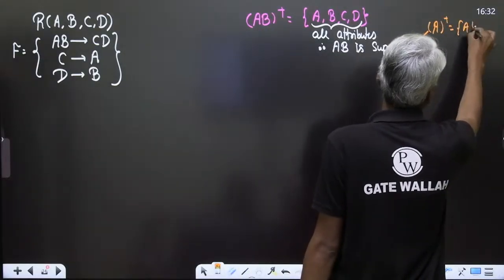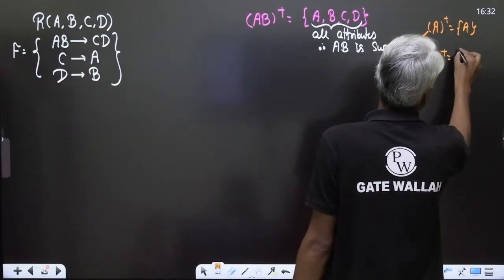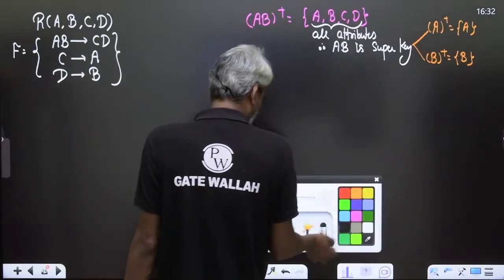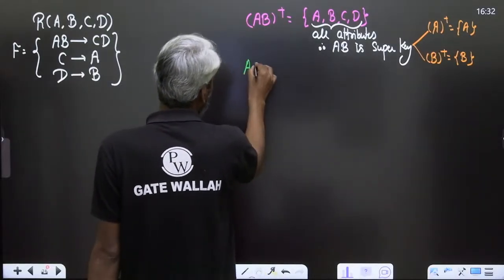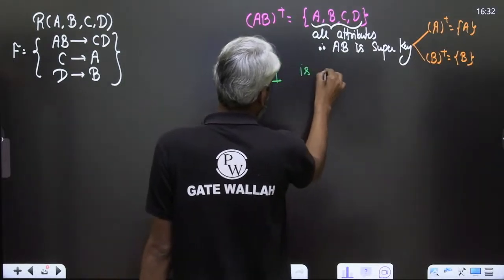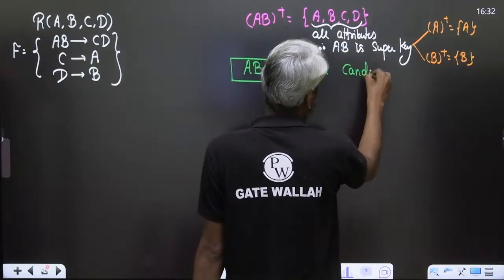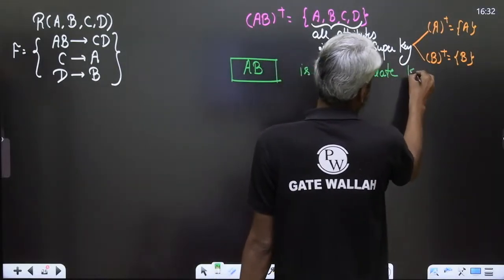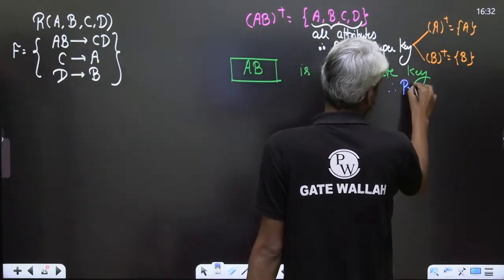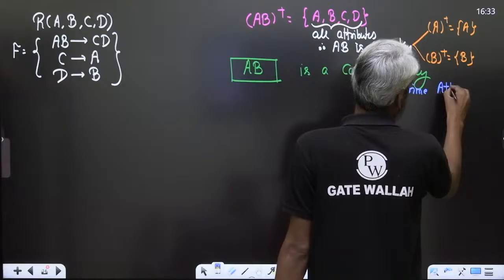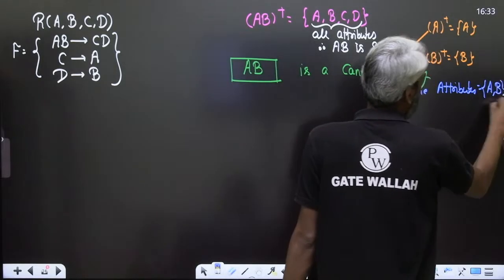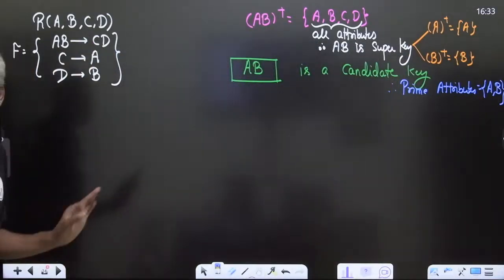No proper subset of AB is a super key. Therefore, AB is a candidate key. And the moment you identify this very first candidate key, the prime attributes as of now are only 2, A and B.